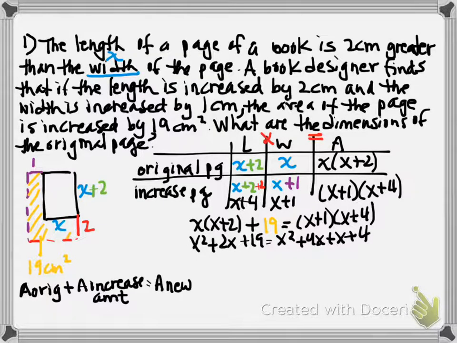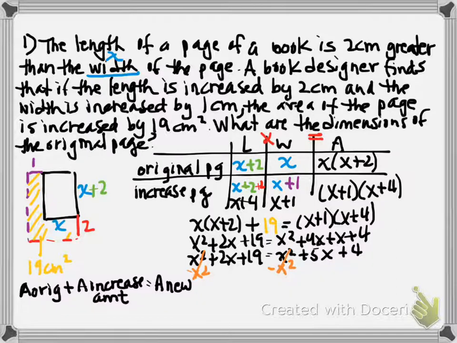On the right side, I'm going to combine like terms. I get x squared plus 5x. So at first I'm a little bit nervous because I have x squareds, but as soon as I try to get the x squareds together, notice that they are going to cancel out.